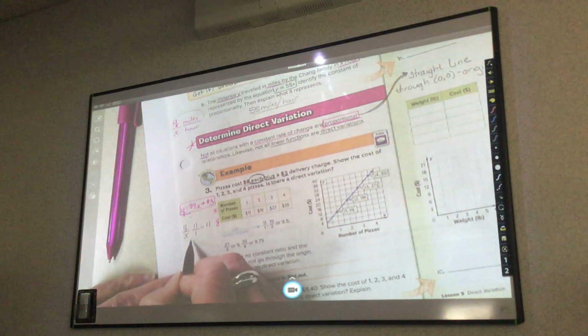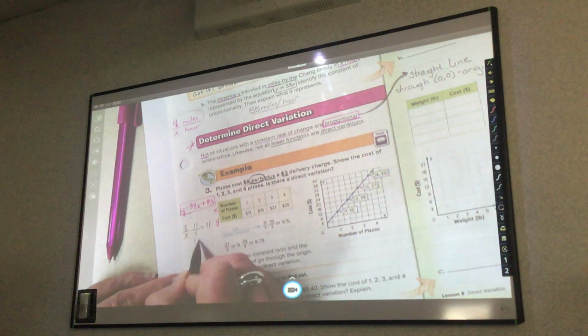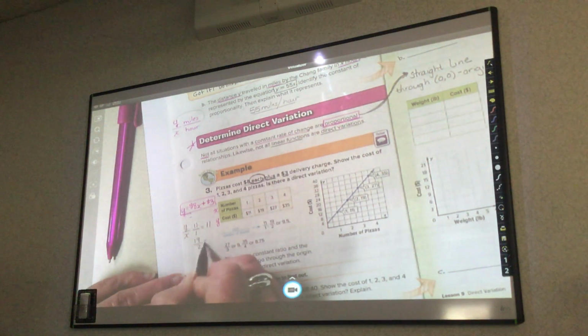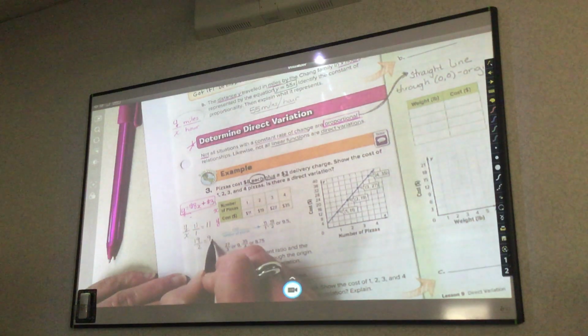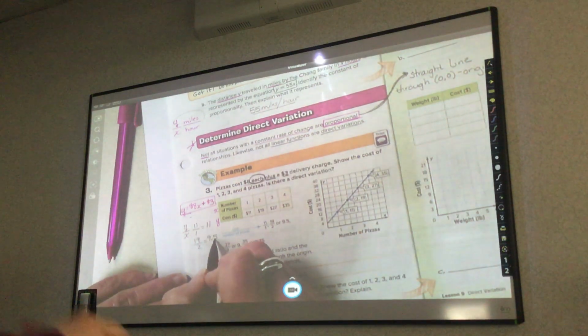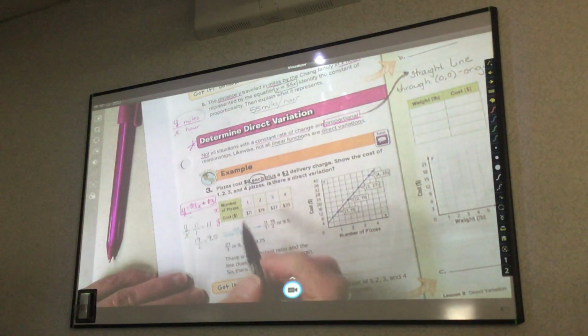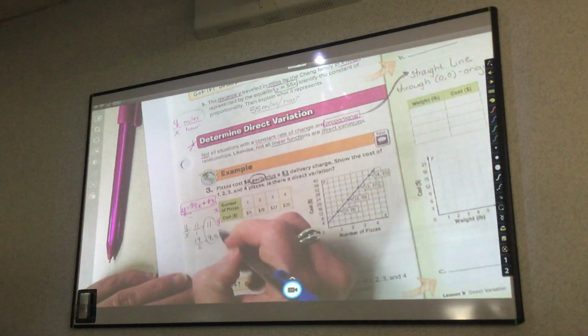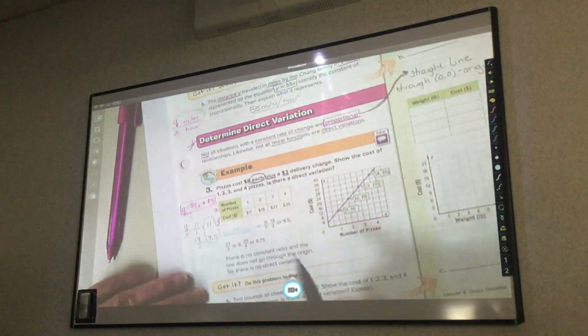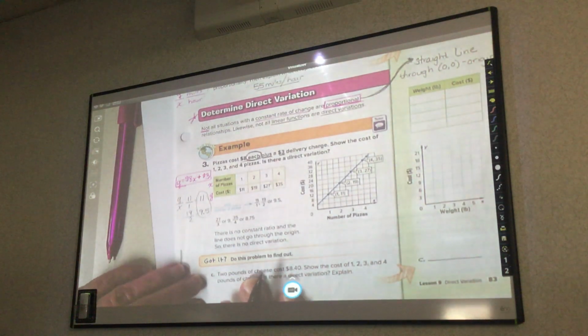Then the next one: 19 divided by 2 is 9.5. Do I have to keep going? No. Is this a constant? No. It's only a constant if they're the same number.